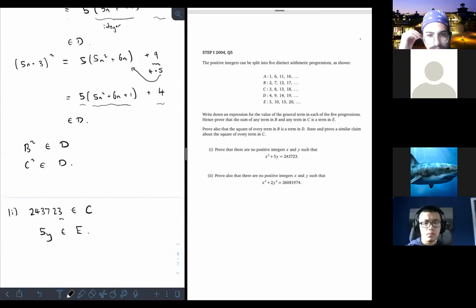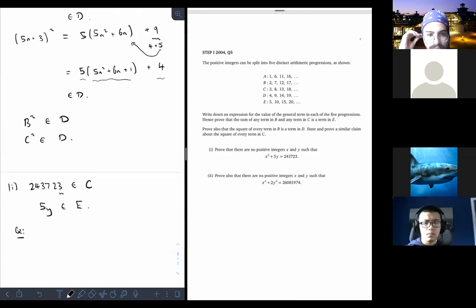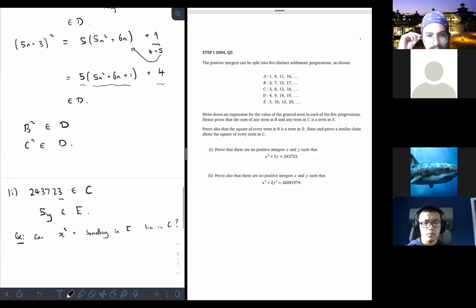But we don't know anything about x or x squared. So the question becomes, can x squared plus something in E lie in C? We've been calculating squares above.